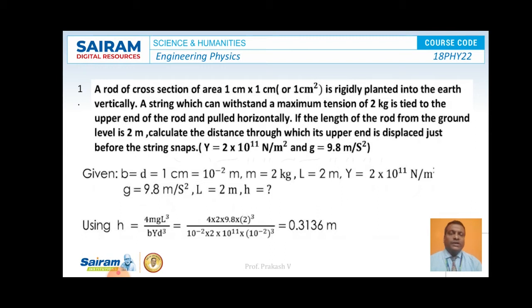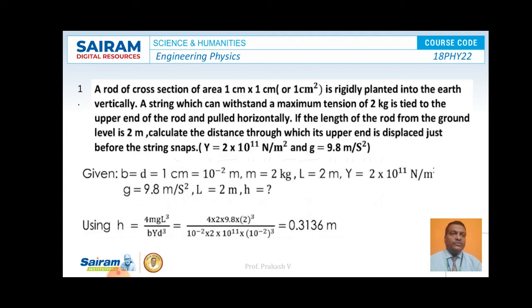So here it is a cantilever fixed at one end and the other end is loaded, and we need to find how much the cantilever bends because of the load applied. That's the problem here. So breadth and thickness value is 1 centimeter, mass loaded is 2 kg, and length of cantilever is 2 meter.